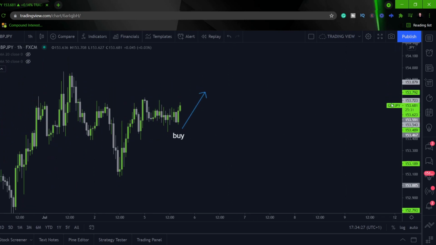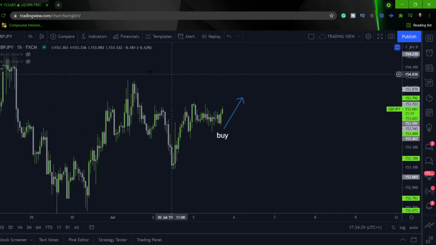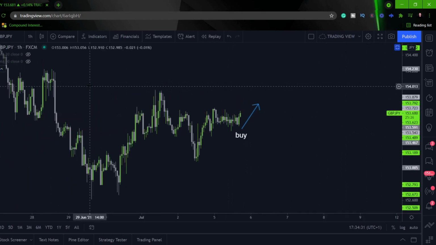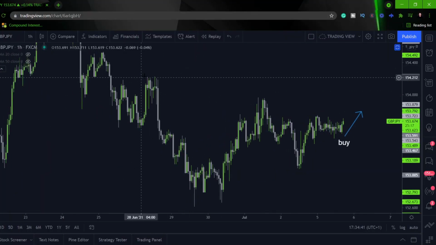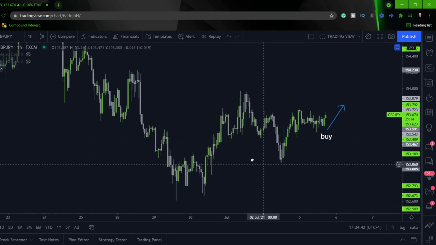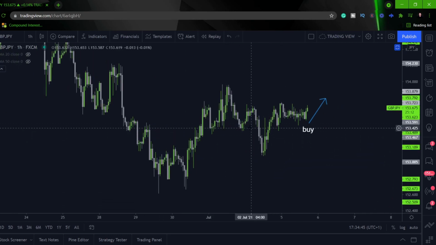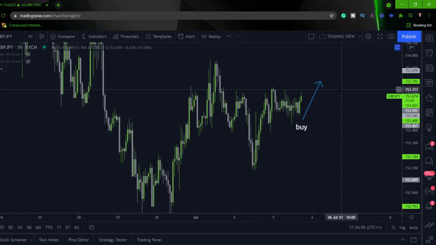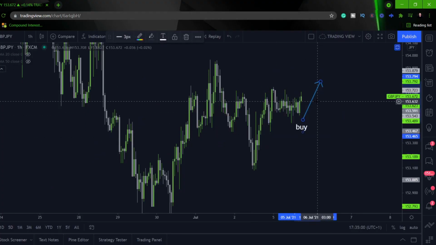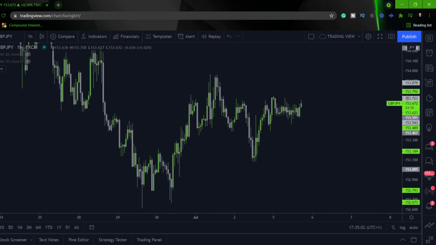So how we want to view the market is, instead of viewing it as support and resistance, instead of viewing it as price patterns, instead of viewing it as whatever strategy you use, whether you flip a coin, I want you to visualize it as orders in the market.